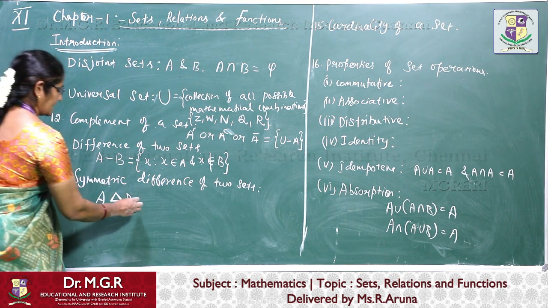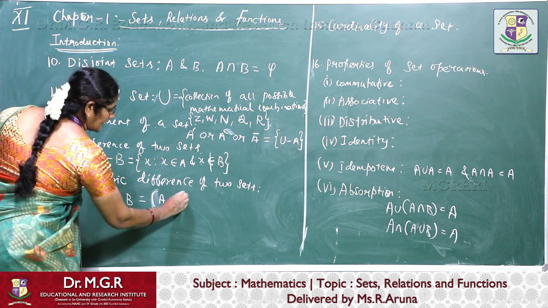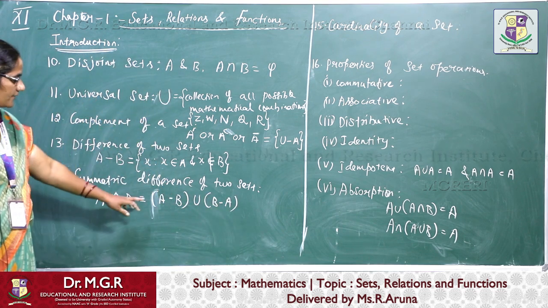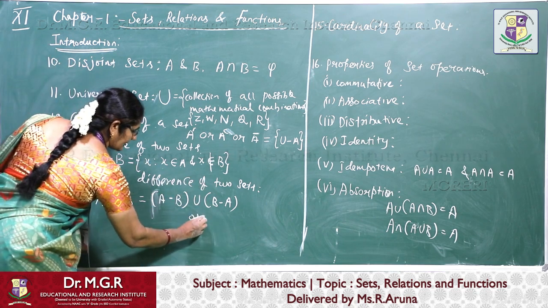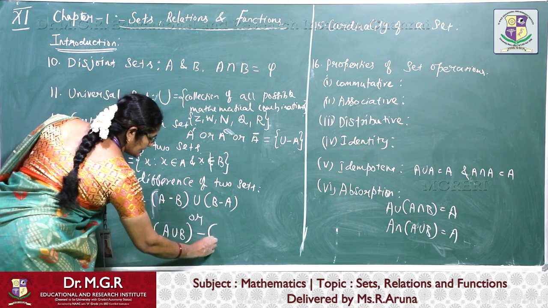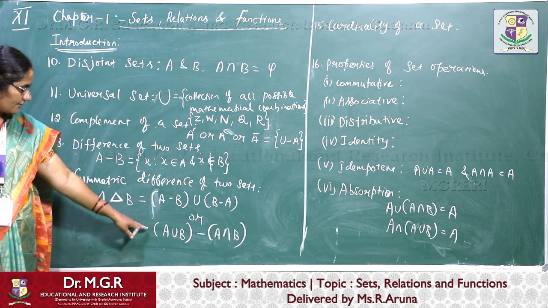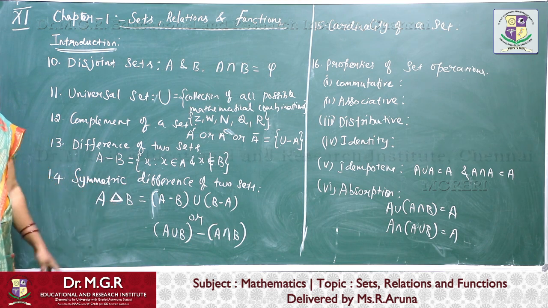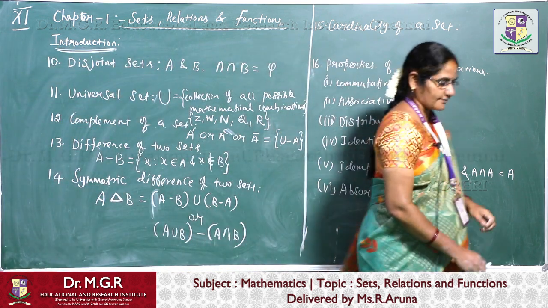The definition is A minus B union B minus A. That is A difference B union B difference A. We can define this in other words, that is A union B difference A intersection B. Either way we can define the symmetric difference of two sets called A and B.